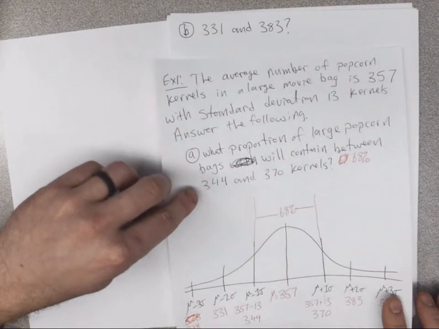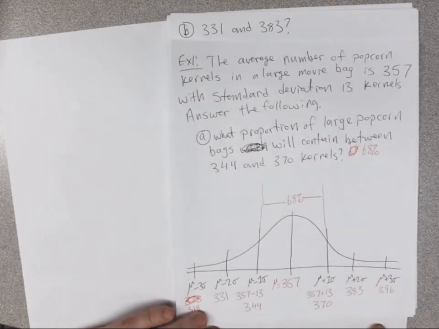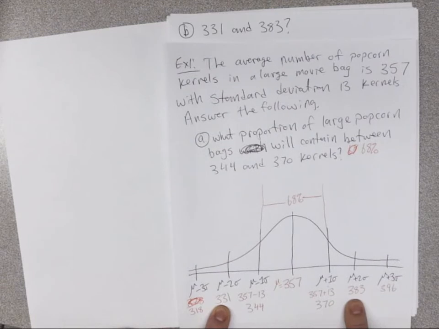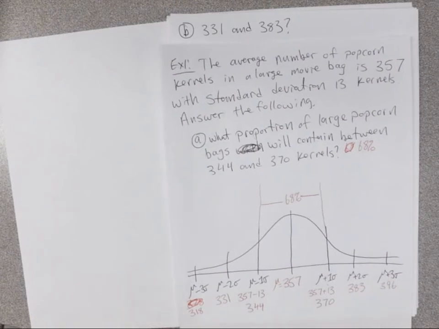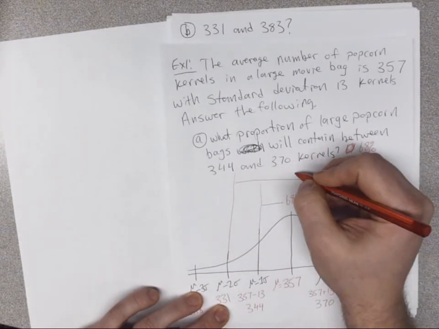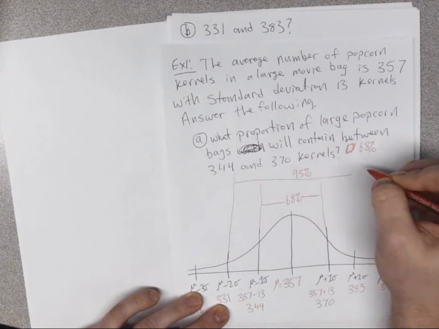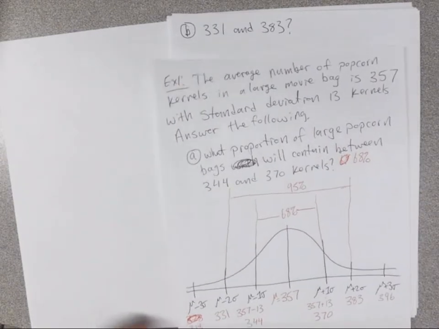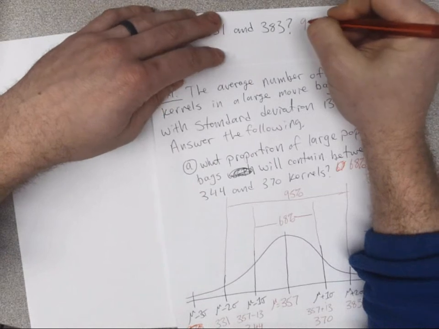Looking back at my graph, I see 331 is at minus 2 standard deviations and 383 is at plus 2 standard deviations. And based on our rules, I know anything that lies between here is 95%. So this is 95%.